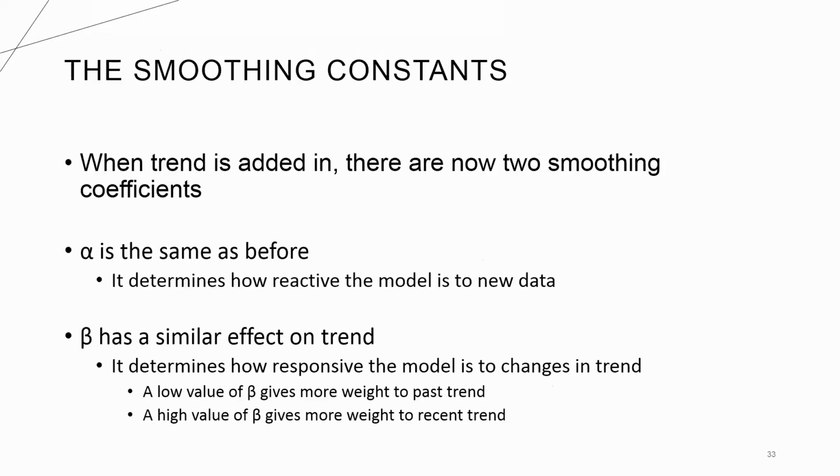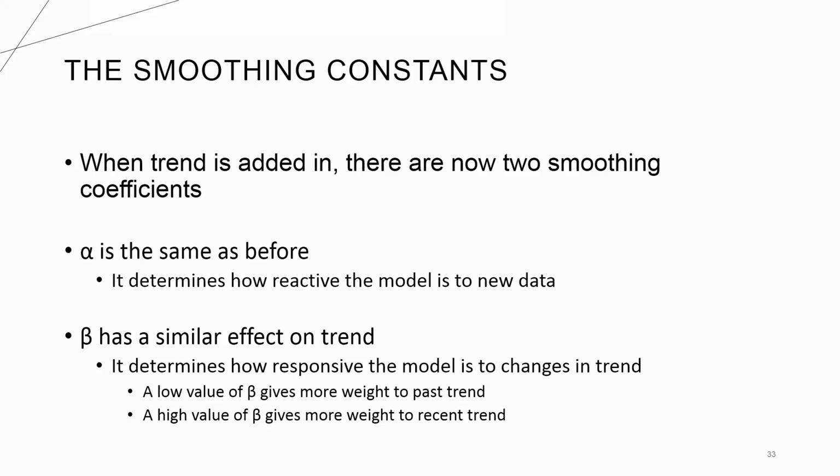Right, so now we have these two smoothing constants. Alpha, same as before, is our smoothing constant, how reactive the model is to new data, and beta determines how responsive the model is to changes in trend, right? If now you have a new trend, how long does it take your model to realize that there's a new trend? If trends are likely to change, then you want the beta to be relatively high, so we can get used to new trends quickly.